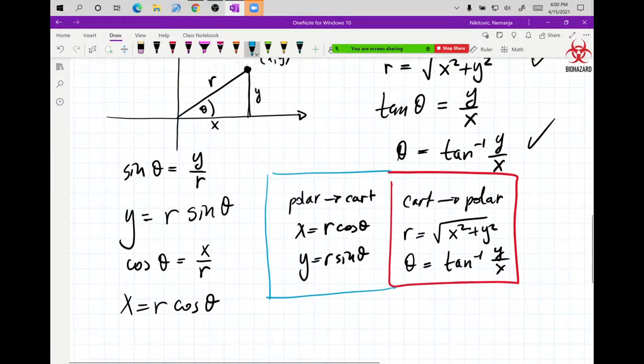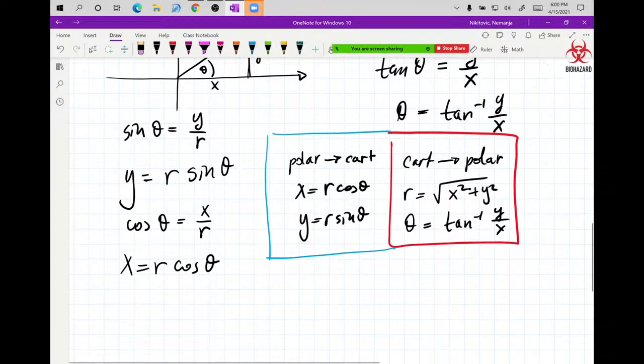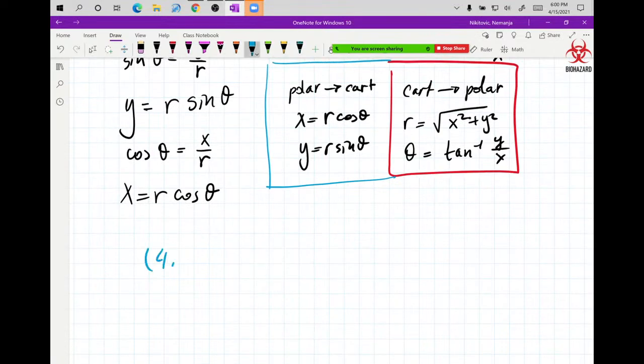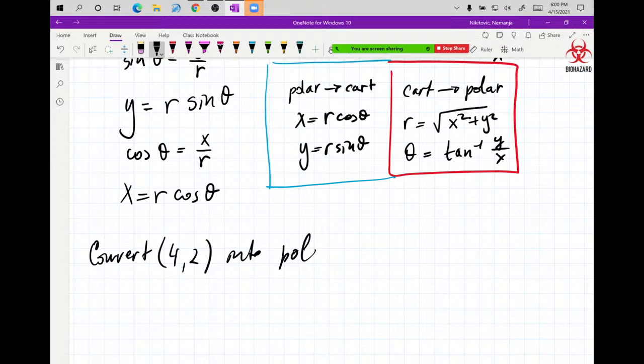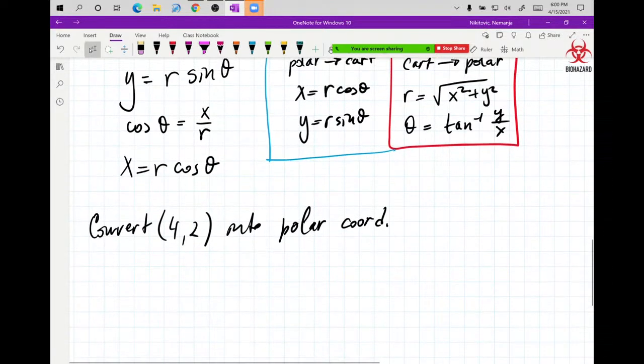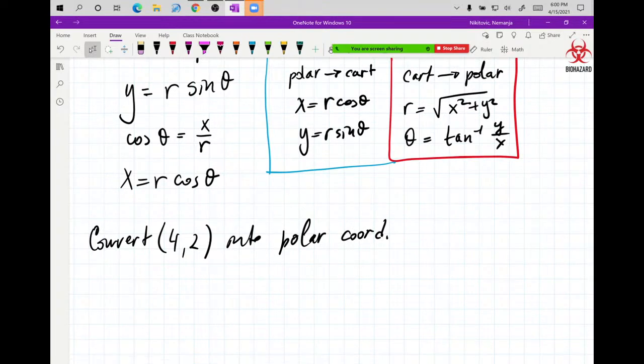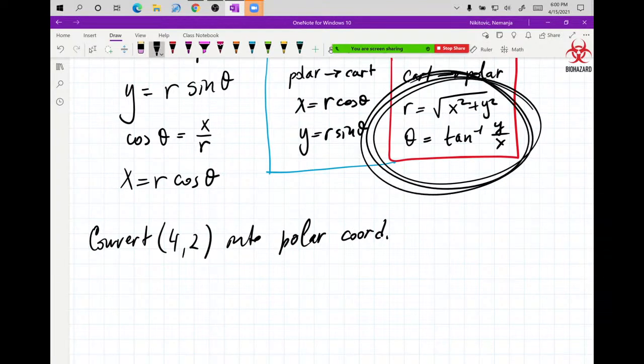Now, why would we want this? Well, let's check how nice is our point 4,2 in polar coordinates. Convert 4,2 into polar coordinates. All right, we have our formulas.